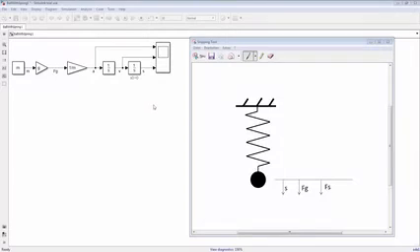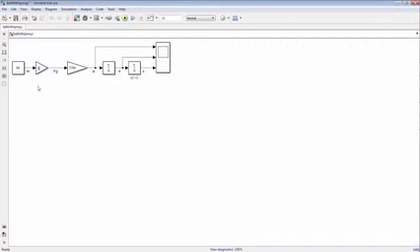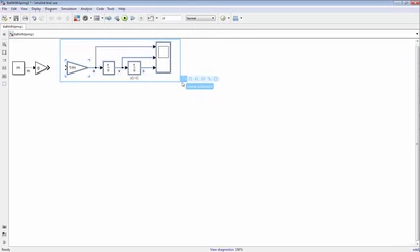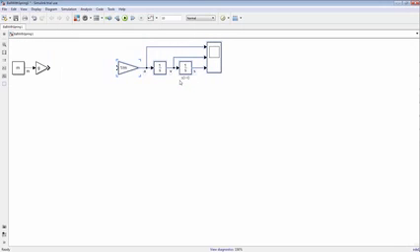Let's switch to the model. Right here, this Fg will become the complete force, so let's remove this signal line for a moment. I make a little place by moving this to the right with the arrow key. And now I need a sum block.